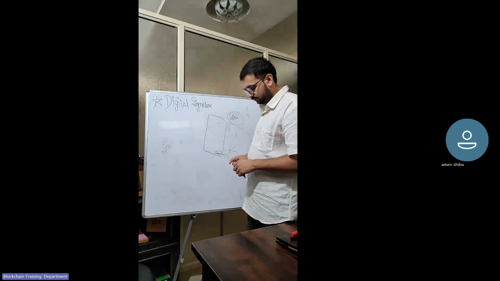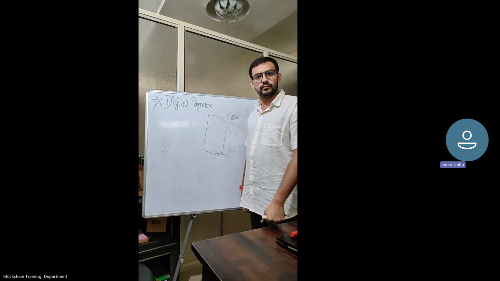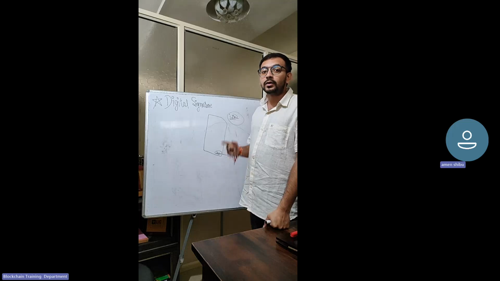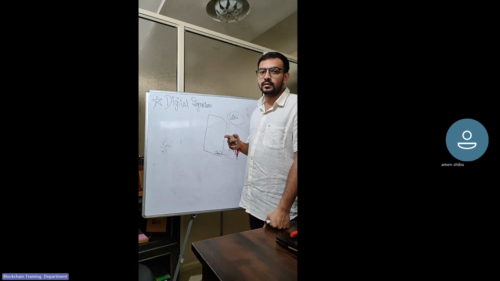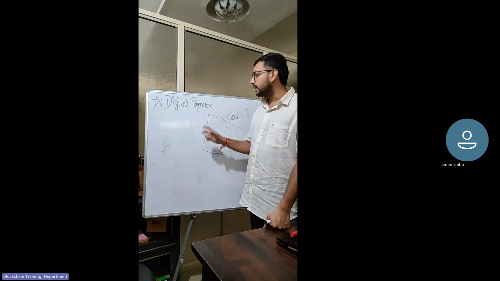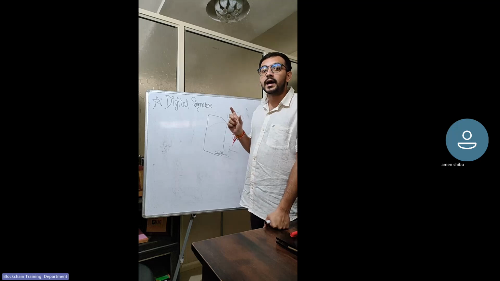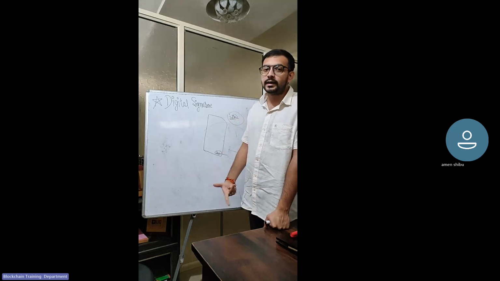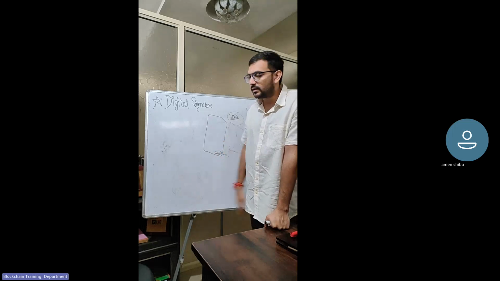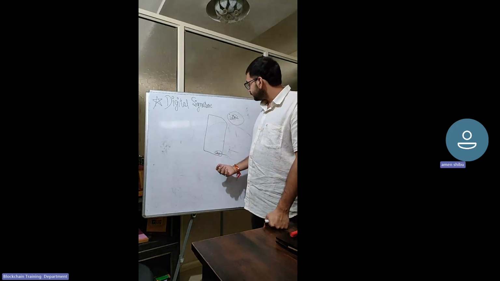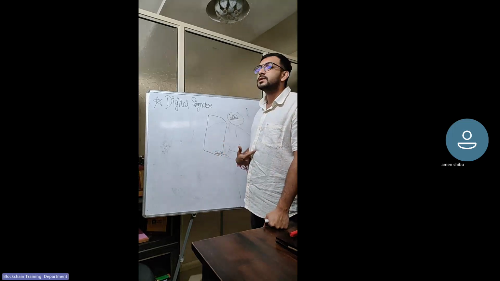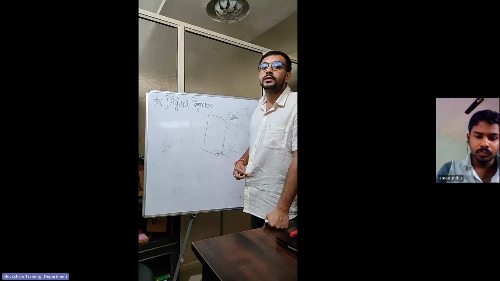A valid and authorized person has sent it to you. Like the note I told you, it's signed by RBI because it's authorized to regulate the fiat currency. Similarly, we need a signature to make it valid and authenticated.